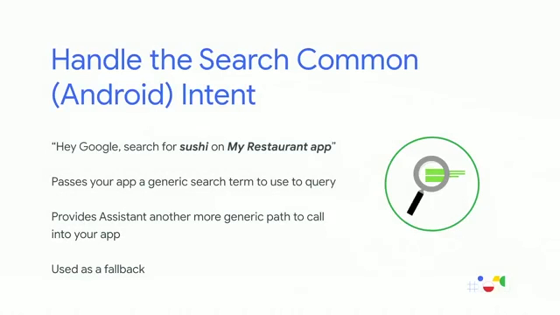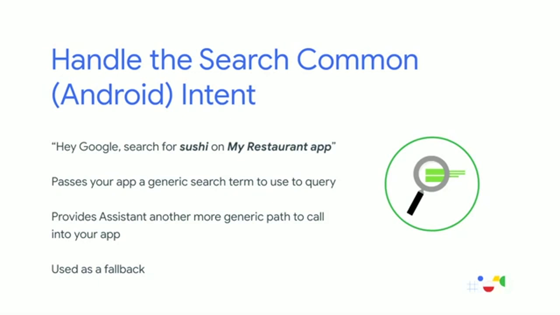Okay. Next one, handling something called the search common intent. This is actually an existing Android API, and the developer documentation has been up on the docs for quite a while already. But what is this if you're not familiar with it? Well, it lets your app respond to a generic search query. For example, the user may say, hey Google, search for sushi on my restaurant app.